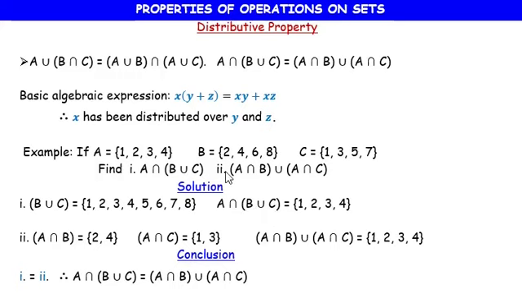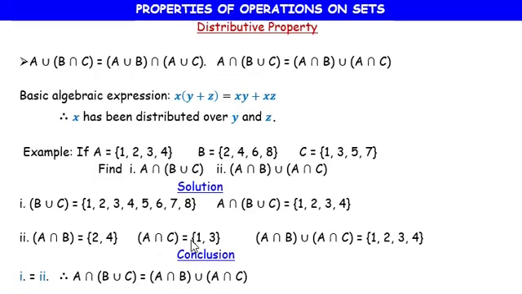So let's move on to the second question. We have to find A intersection B in one bracket union A intersection C. So we are going to find the two brackets first, right? Then we find the union between the two. So our A intersection B will give us 2 and 4, because when you compare A to B, the only common members are 2 and 4, right?